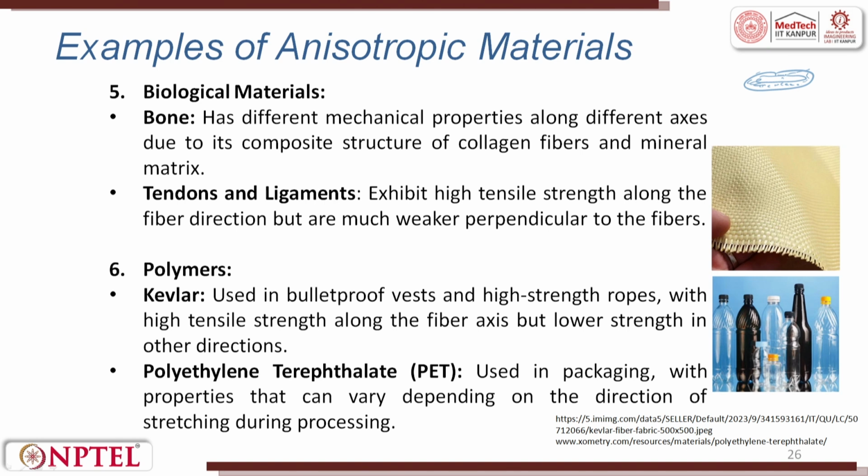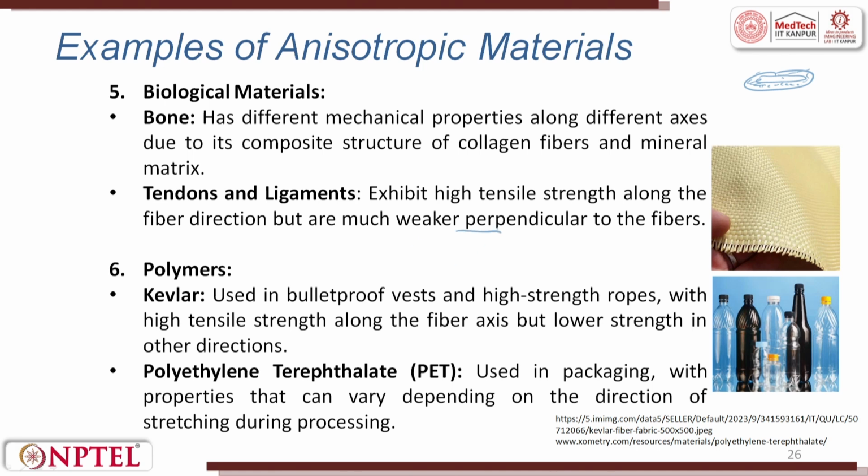The bones have different mechanical properties along different axes due to the composite strength of collagen fibers and mineral matrix. Tendons and ligaments exhibit high tensile strength along the fiber direction, but are very weak perpendicular to the fiber.